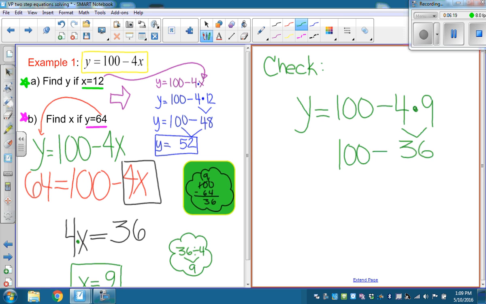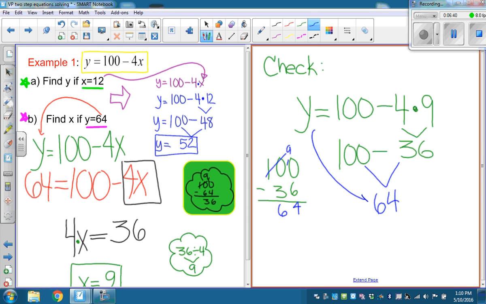So 4 times 9 is 36. And if I just do some traditional subtraction, I get 64. So y equals 64. So we did the problem right. We're going to practice again.